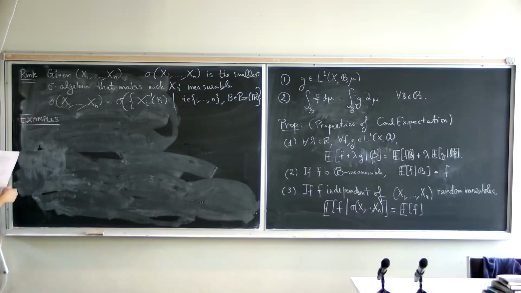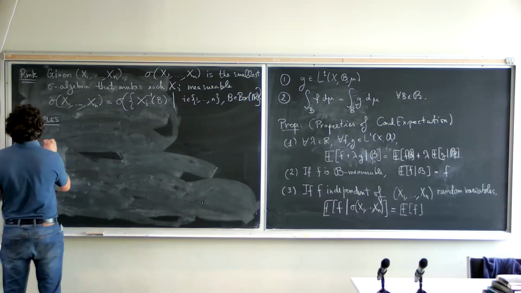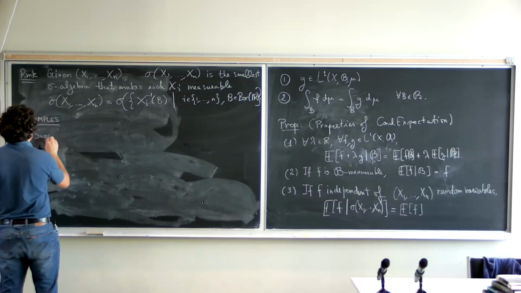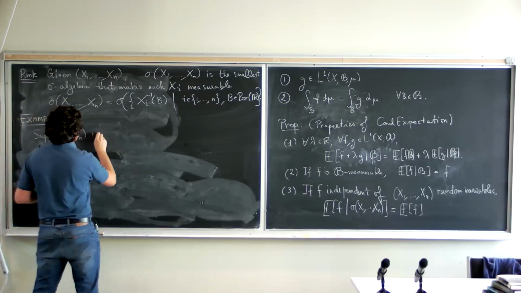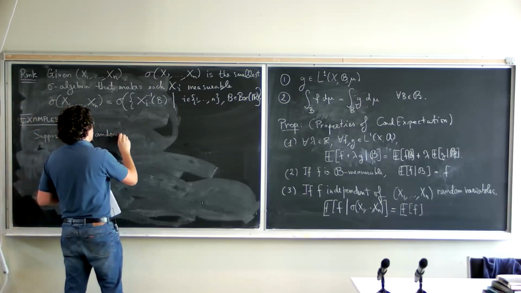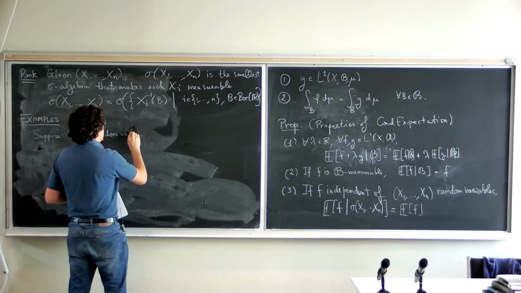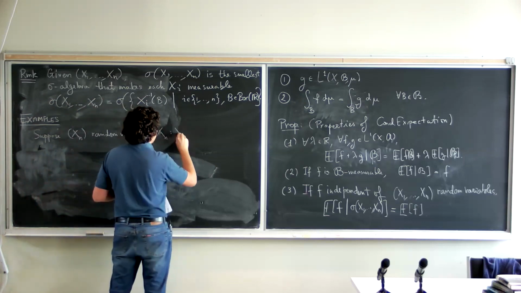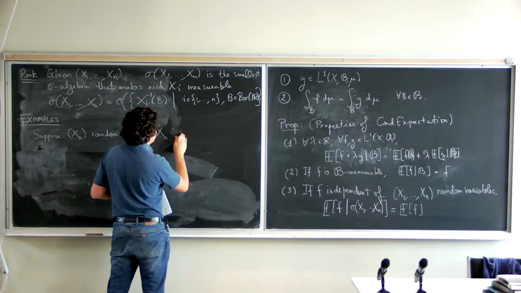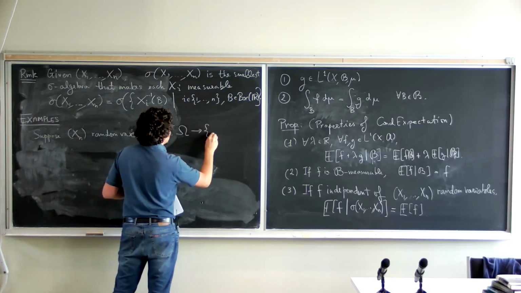Suppose you have xn random variables, each xn from your space omega to {0, 1}.